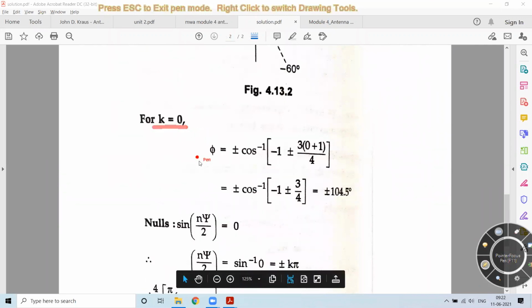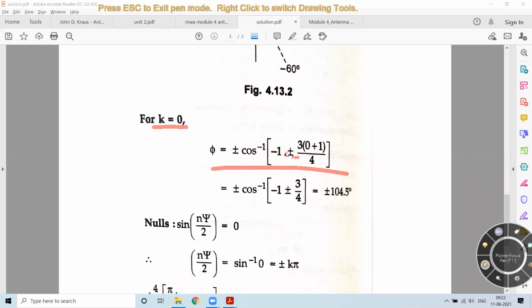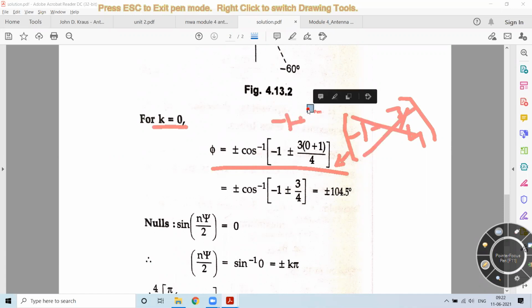So k is equal to 0. It will give me φ is equal to minus 1 plus minus 3 by 4. If I take minus over here, that is minus 1 minus 3 by 4, this overall term is beyond the range, so I neglect the minus in this case. If I consider minus 1 plus 3 by 4, I am able to satisfy the condition.